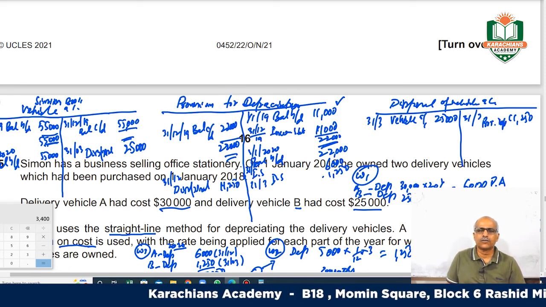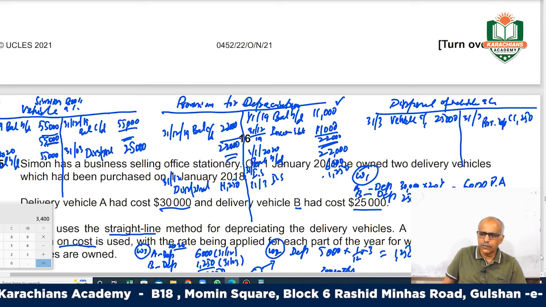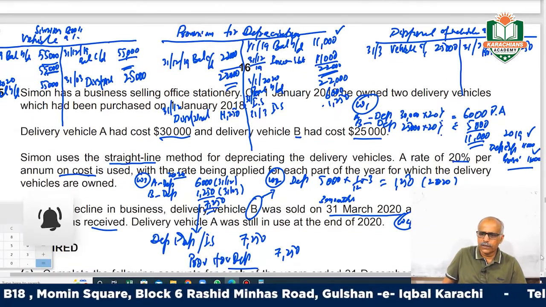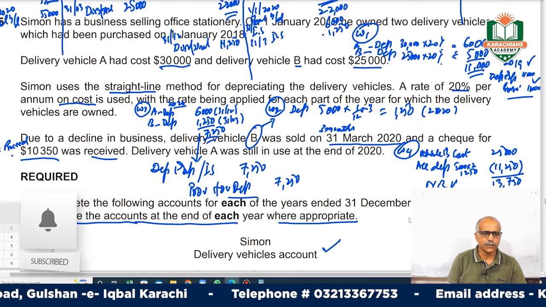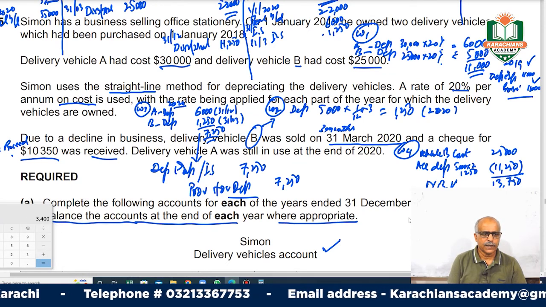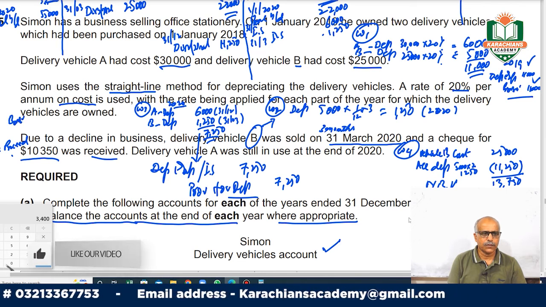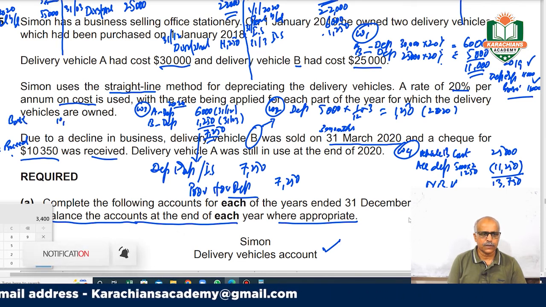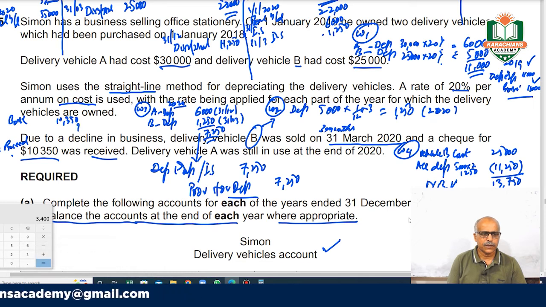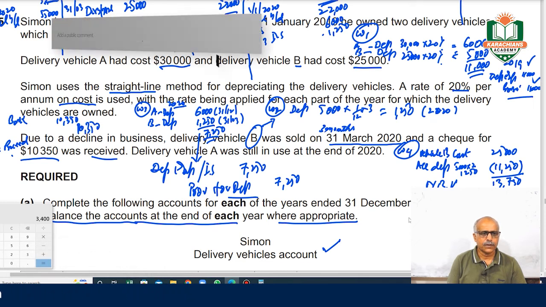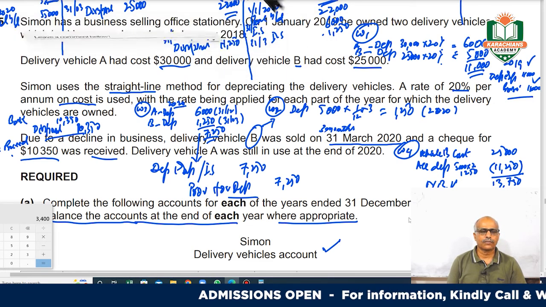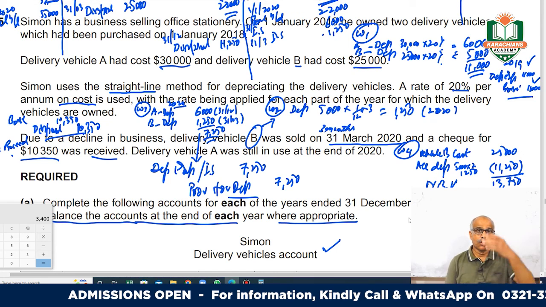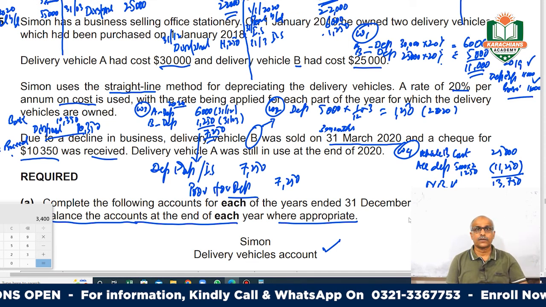When you receive the money, you are getting 10,350, right? This is the sale proceeds. What will be its entry? Ultimately you will debit your bank account 10,350 and you will credit your disposal account, because there is no cost account for vehicle B, since all has been transferred to disposal.